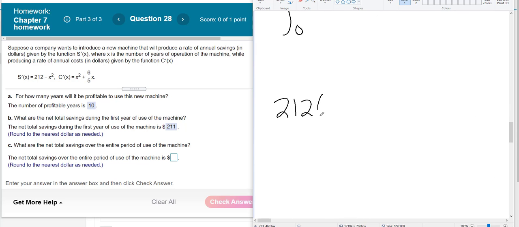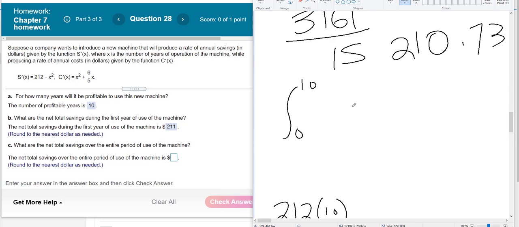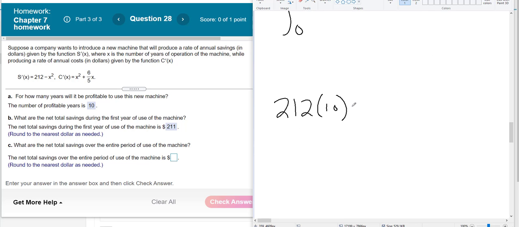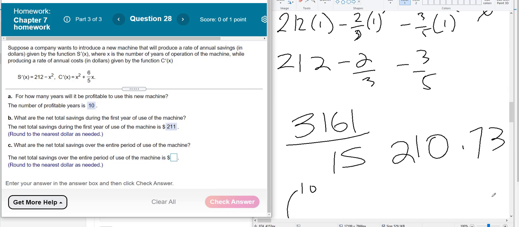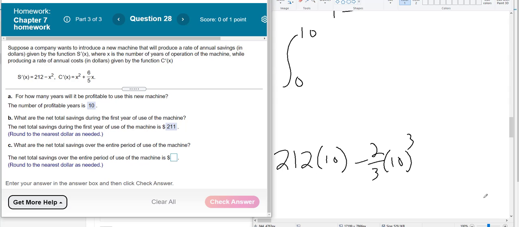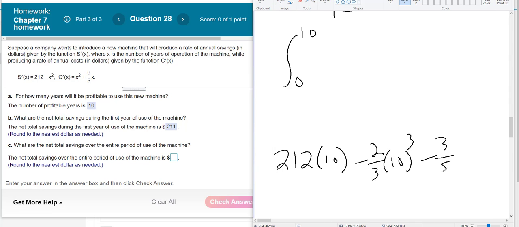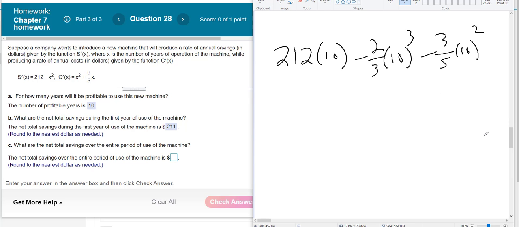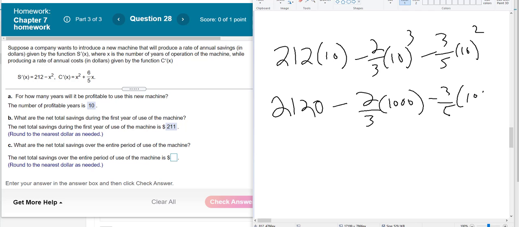So it's 212 times 10 minus 2/3, 10 cubed, and minus 3/5 times 10 squared. So no need to do the integration again because it's the same function, it's just over a different period of time. So that's going to be 2/3 times 1,000 and 3/5 times 100.